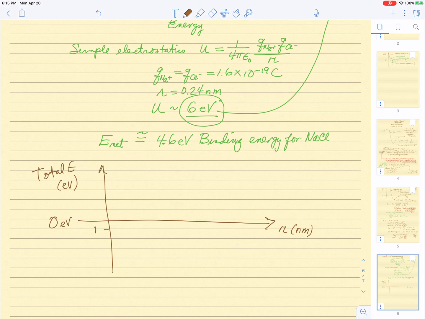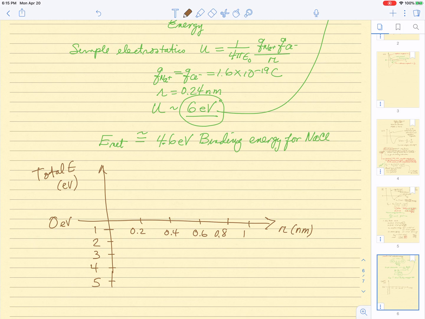This is 0 electron volts, then minus 1, minus 2, minus 3, minus 4, minus 5. This is about 0.2, 0.4, 0.6, 0.8, and 1 nanometer.